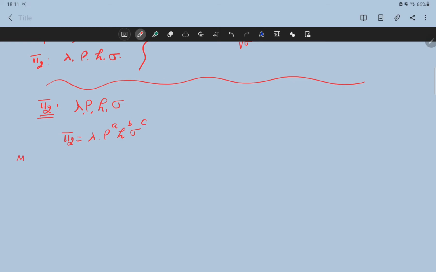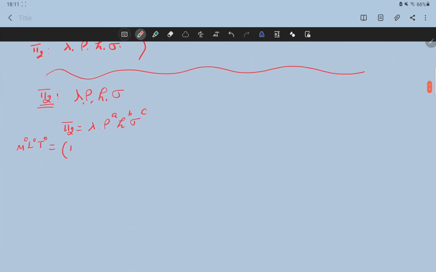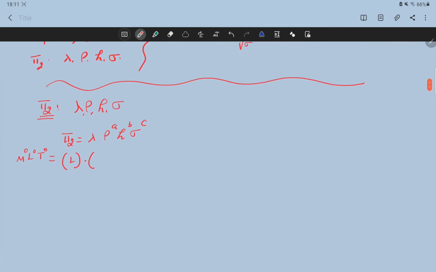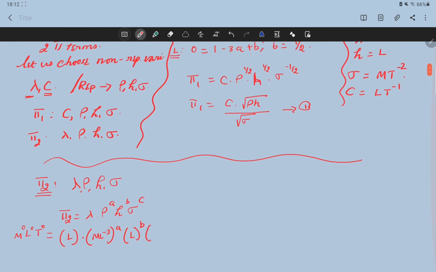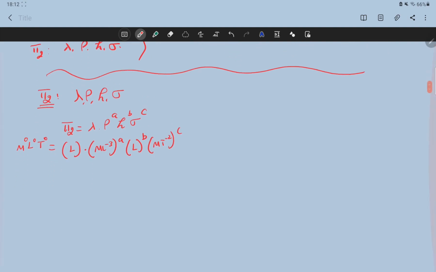So M0 L0 T0 equals lambda, which is L as it is, times density rho, which is M L power minus 3a, h is L power b, times sigma, which is M T power minus 2, to the power c.